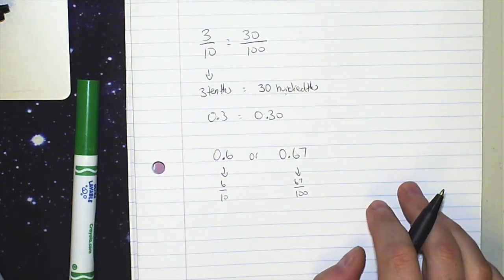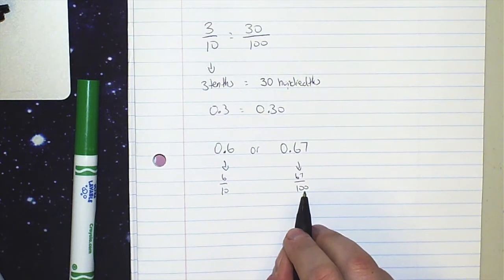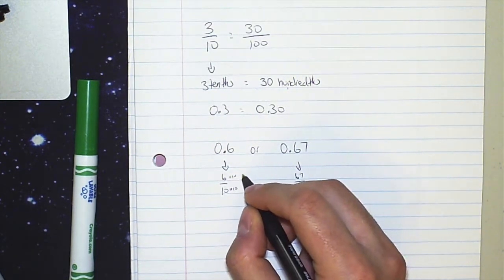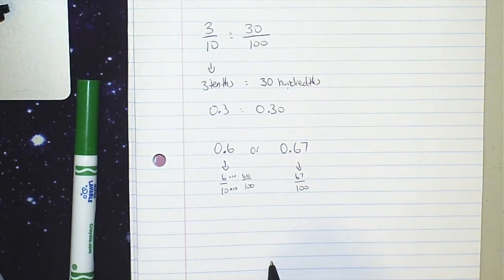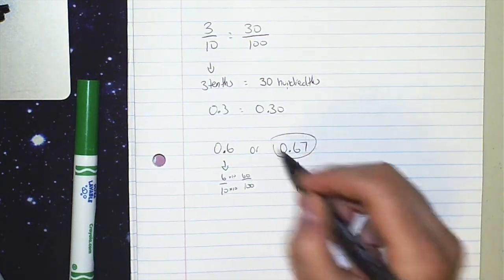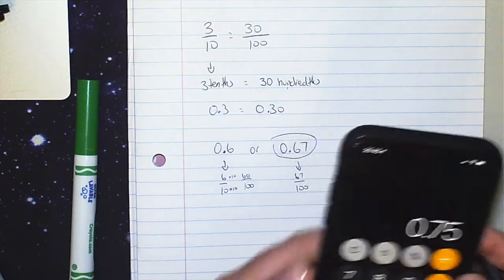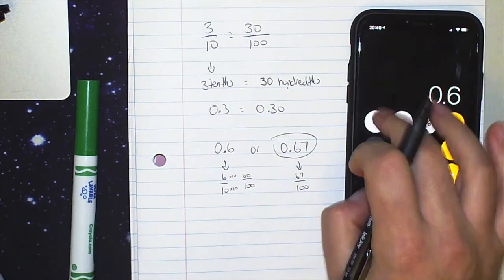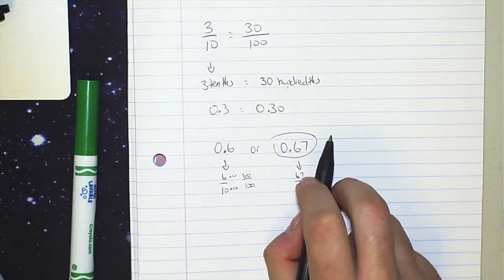And if you were to make this the same denominator, you'd have to multiply this by 10, multiply that by 10. So this really reads 60/100. 60/100, 67/100. We know that this number is bigger. Or you always can use the calculator trick, as we've been doing. 6 divided by 10 equals 0.6. And you know 0.6 is smaller than 0.67.